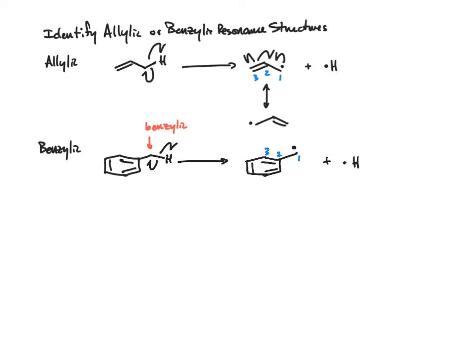So the benzylic is actually a little bit more stable because you have more places over which that radical is delocalized. And so these are just the fishhook arrows showing the movement.